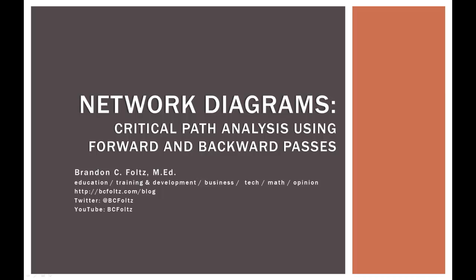Okay, so that wraps up our 2-part series on critical path analysis using the forward and backward pass method. Now, our network diagram helps us answer a few questions. Number 1, if everything goes according to plan, when can we expect our project to be completed?